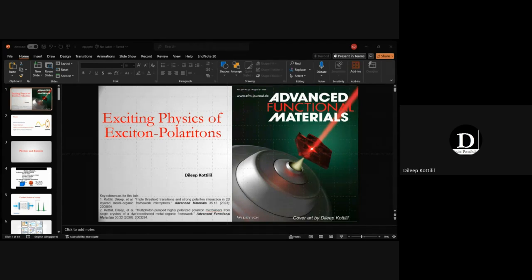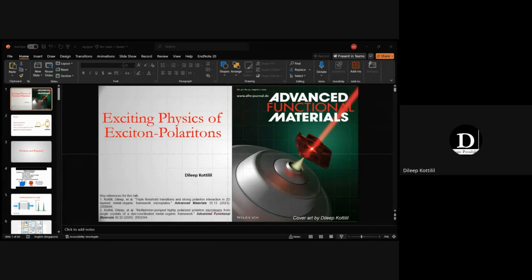Then I will give you some details on my material and how we can achieve polaritons. And then I'll be explaining the experimental aspect of it, I mean, how to experimentally see polaritons, how to experimentally verify that polaritons are present in our system or not. So those things I'll be covering. It's not going to be very difficult to understand, I hope. And then finally, I'll be giving you some recent applications of polaritons. So yeah, let's begin.